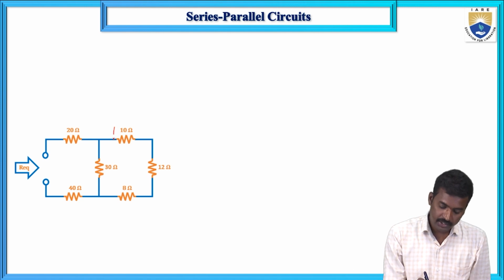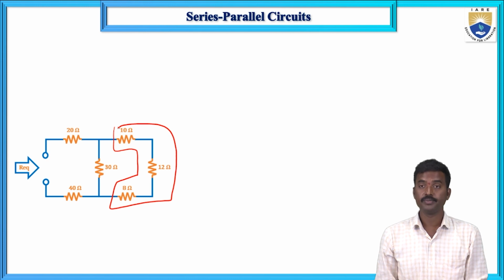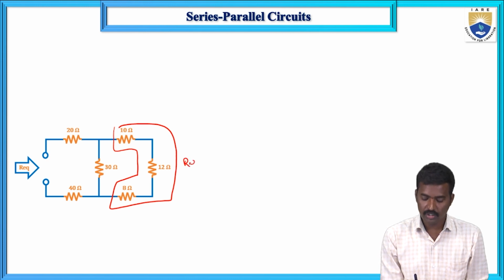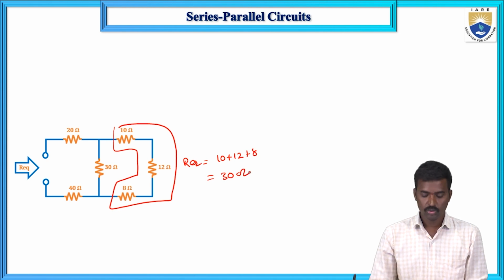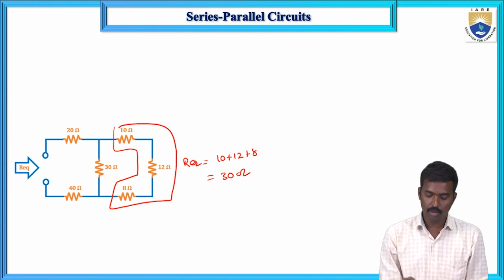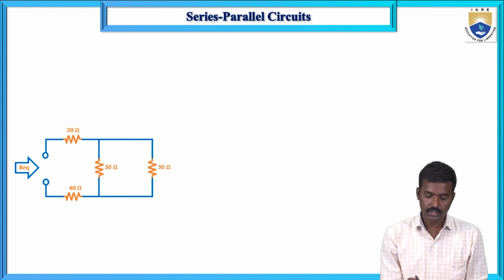Now again these three resistors are connected in series. R equivalent equals 10 plus 12 plus 8, which is 30 ohms. If you replace this series combination with a single equivalent, that is 30.